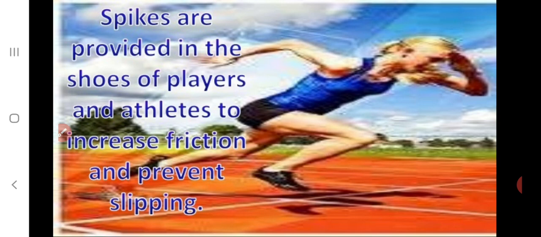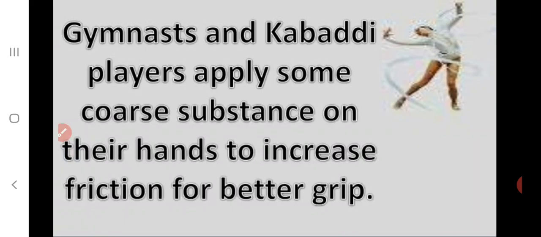I think you are familiar with shoes with spikes. The science behind it is to increase friction. Then gymnasts and kabaddi players apply some coarse substance on their hands to increase the friction for better grip.